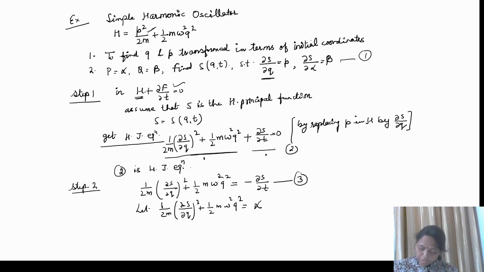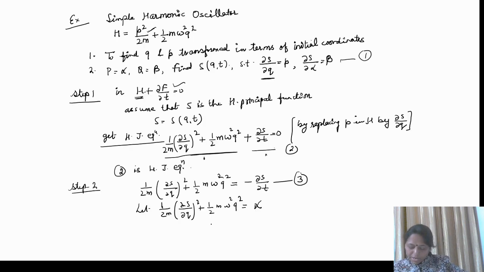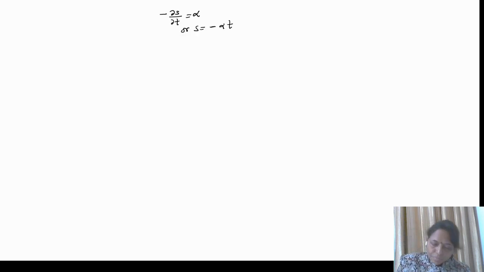So what will 3 give? The 3 will provide minus ∂S/∂t is equal to alpha, or S is equal to minus alpha t. This is one solution of S in terms of t. And you know that in this part S is a function of q. So I'll assume that S is of this form: W, a function of q, and then minus alpha t.